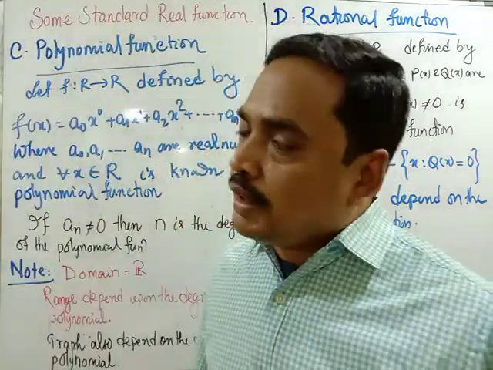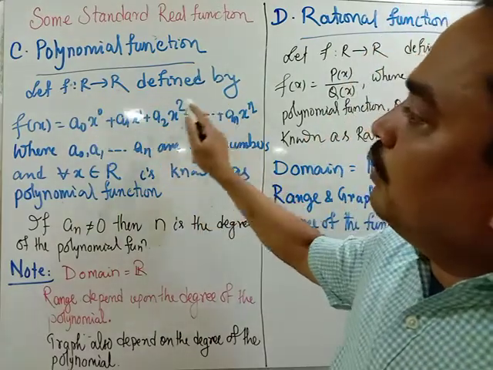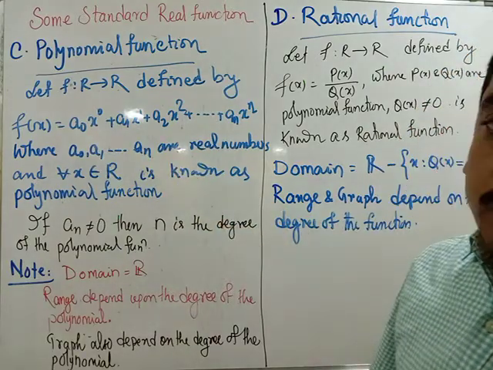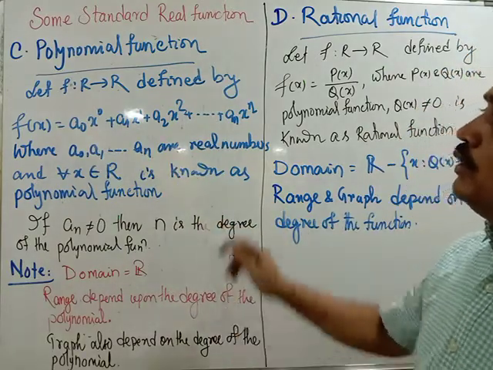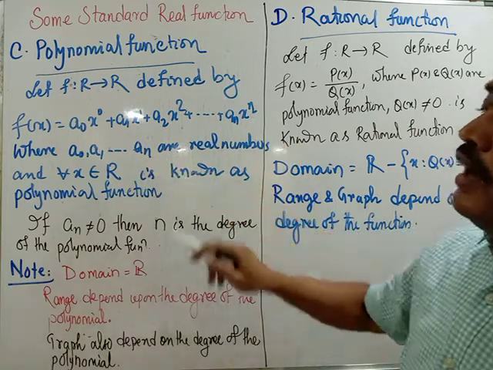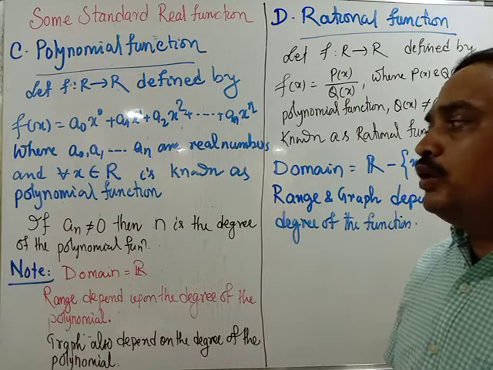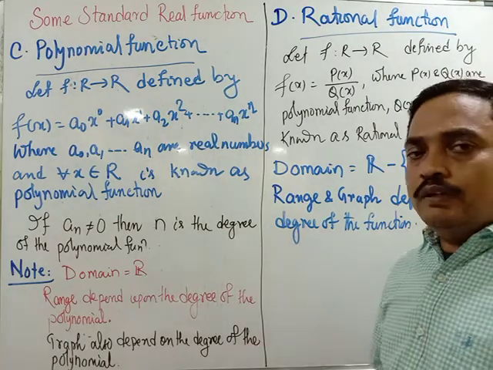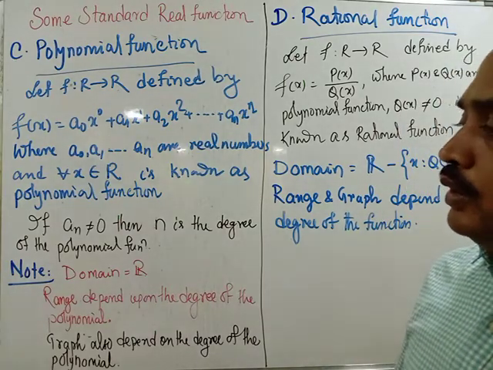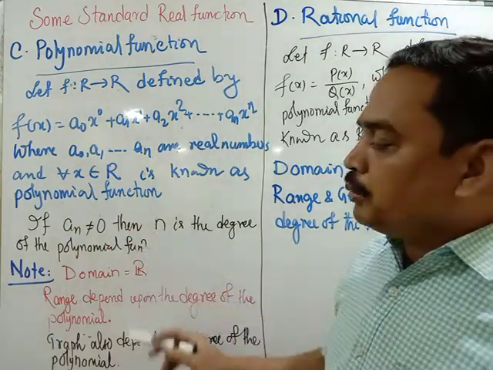Here the same thing is written: f is a function from R to R defined by f of x is a0 x to the power 0 plus a1 x to the power 1 plus a2 x square up to an x to the power n, where a0, a1, up to an are real numbers, for all x belongs to R, is known as a polynomial function. When we write the same thing in the form of a function, it is called the polynomial function.